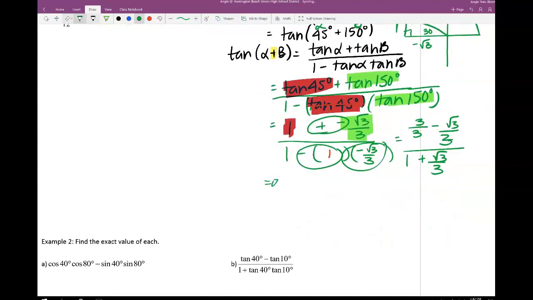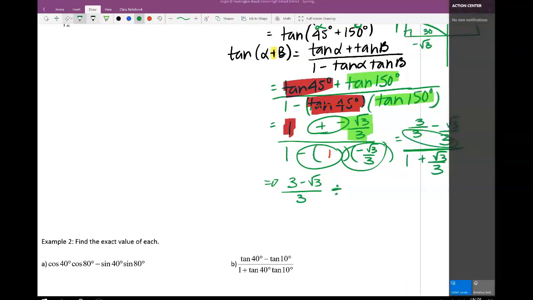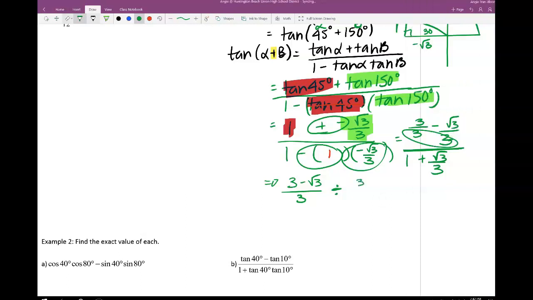Then from here, on the top is 3 minus √3. Denominators are the same, so I'm going to put it over 1. I'm going to write this line right here as a division. And I'm going to find the common denominator again for the bottom. So it's 3 over 3 again, plus √3 over 3. Denominators the same, so I can multiply by the reciprocal, which is now 3's on the top.